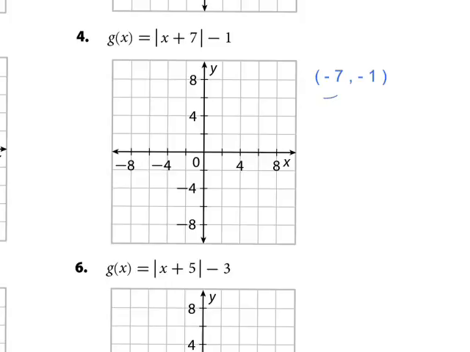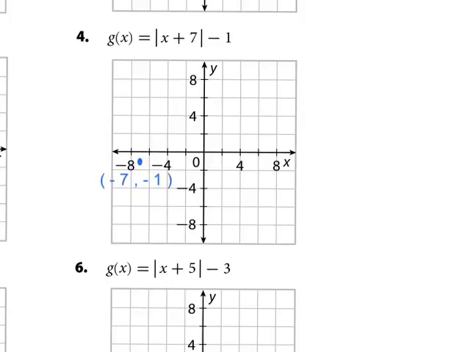So this is telling me to move left 7 and down 1. So I'm going to start at 0, 0, and we're going to move over left 7. 1, 2, 3, 4, 5, 6, 7, and down 1. I need a dot here. Okay, so I put that dot there, and now we're going to move this point here so that I can label it. That is my vertex.